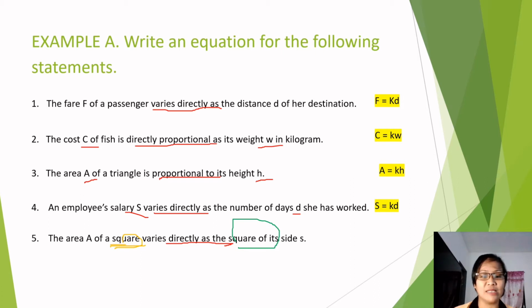And then yung square sa pangalawa, ito yung squared na exponent. Okay? So, our equation is A is equal to kS squared. Kasi, as square of its S. That's why meron tayong S squared dito. Okay? So, be careful with the terms that is used.